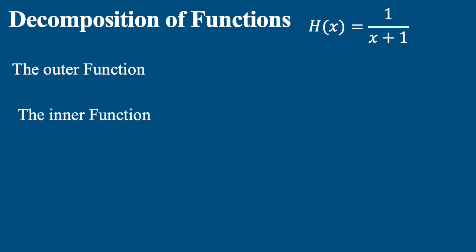I'm going to pick the bottom, x plus 1, as the inner function. That's a linear function. So g of x is x plus 1, and f of x is the rational function 1 over x. The general rule is the outer function is usually square root, rational, or square function, but not always, guys.